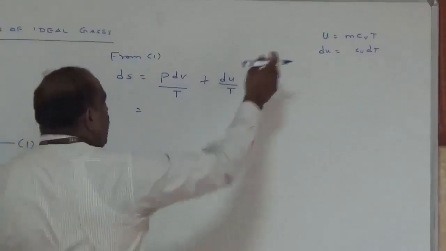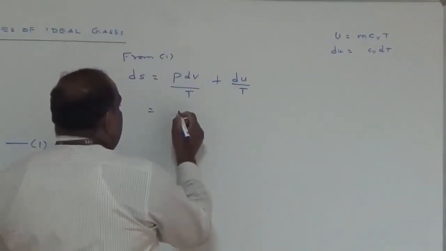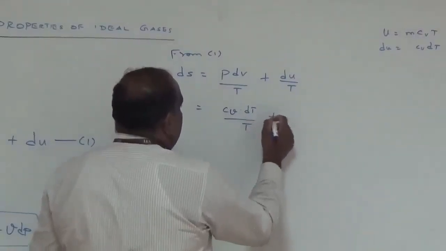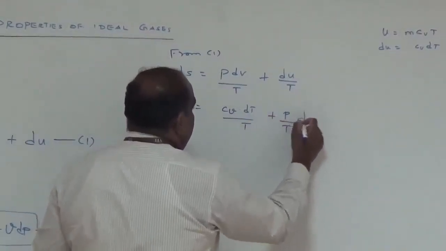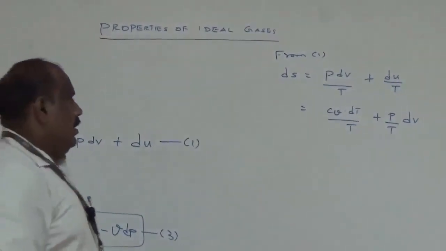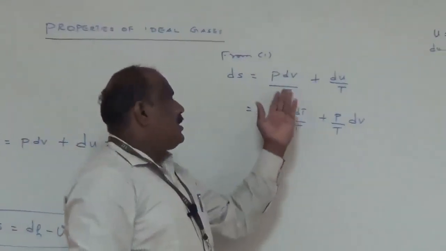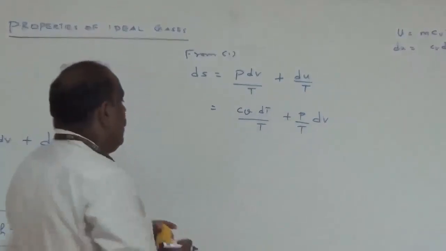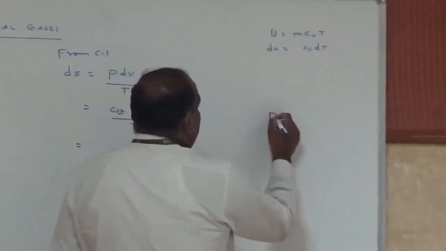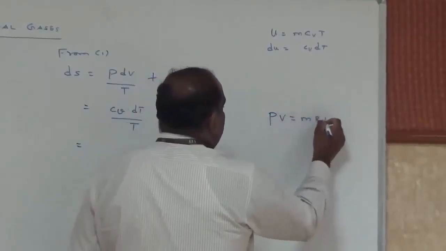So we can replace du with Cv dT. Yes, Cv dT by T plus P by T of dV. I have written this term as the first term and this term as the second term. Now, what is the ideal gas equation? PV equal to mRT.